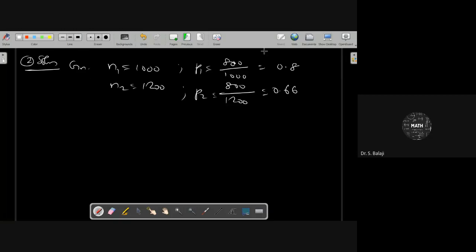Now these values you identified, then you can get the capital P value, that will be identified by N1 P1 plus N2 P2 whole divided by N1 plus N2.